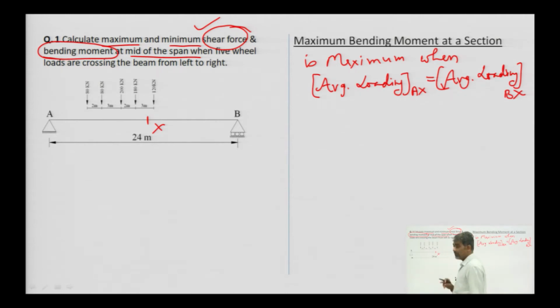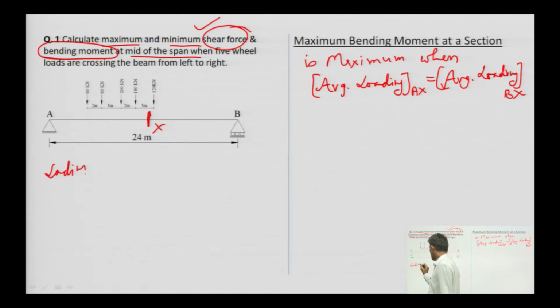Here we have point loads. How will we achieve this position? I told you in the previous slide that for point loads this condition is never possible, but we find the load which is responsible for altering the loading. So, let us make a table for that.